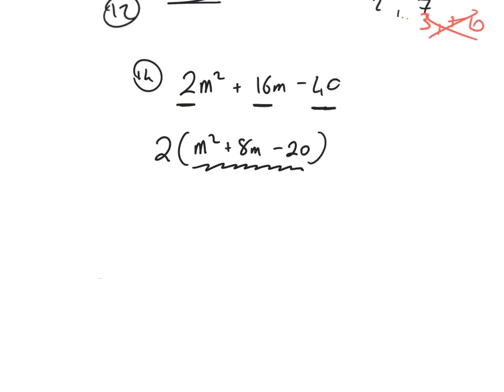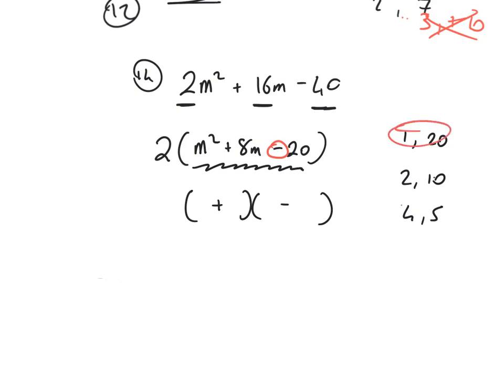Okay, so the product is negative, so the signs are going to be different. Let's think about two numbers that multiply to give minus 20, so combinations could be 1 and 20, 2 and 10, 4 and 5. Okay, so I need to organise these so they add together to give 8.